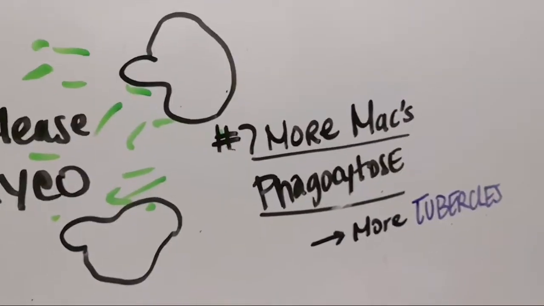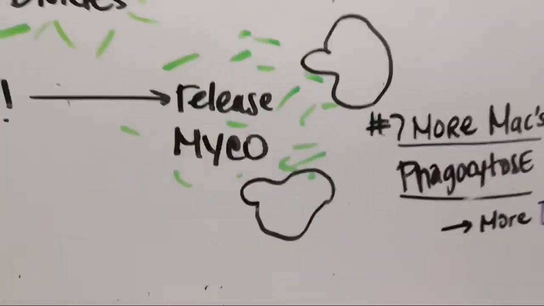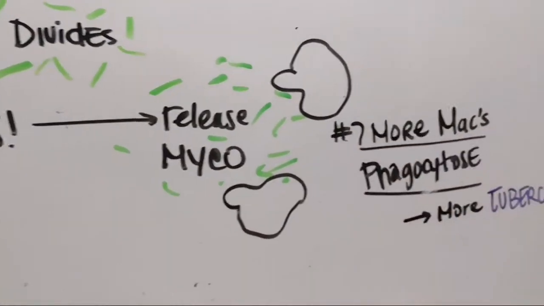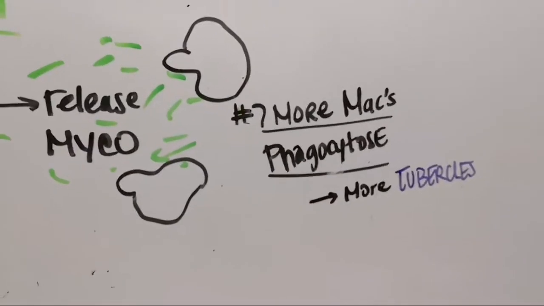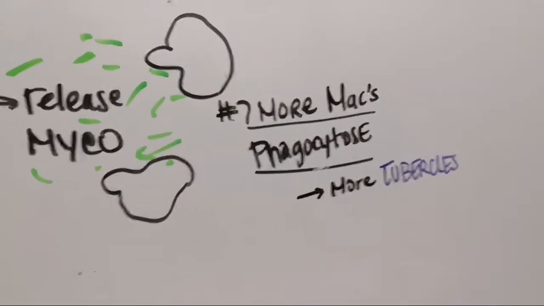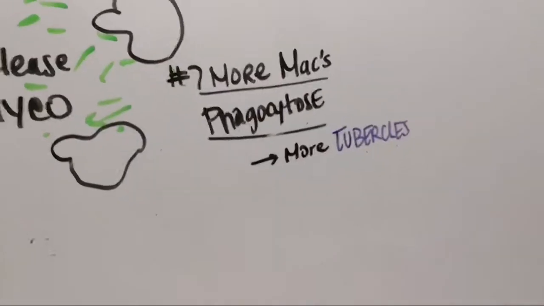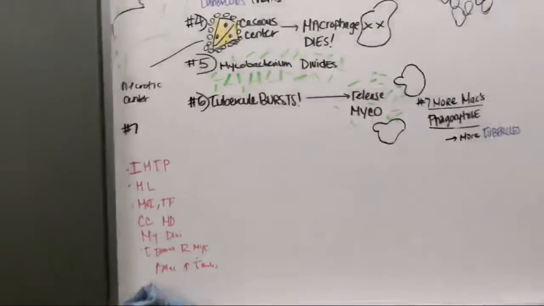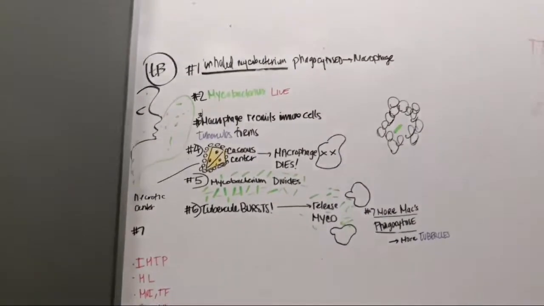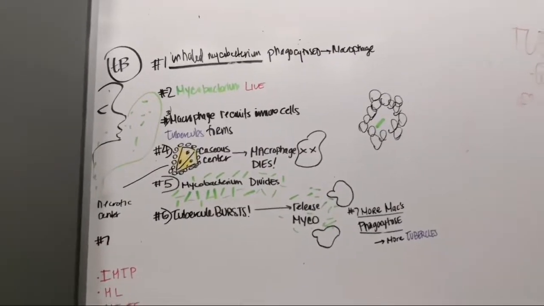It'll release mycobacterium, and then more macrophages will try to gobble them up, essentially starting the cycle back over again. And then more macrophages will phagocytose, and then you get more tubercles, and unfortunately it keeps going and going unless there is some type of medical intervention.